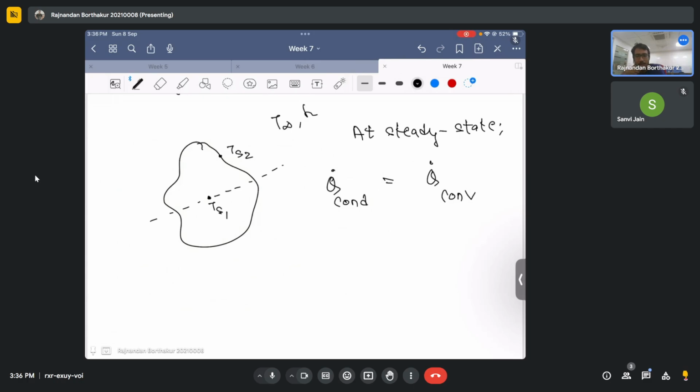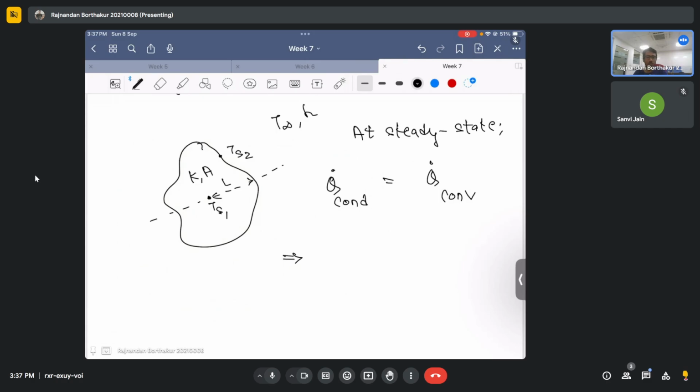The characteristic length of this body is Lc, but no, this is not the characteristic length, so this is different. The length scale associated with this conduction is, let's say, L. The body has a thermal conductivity k, and your area is A.